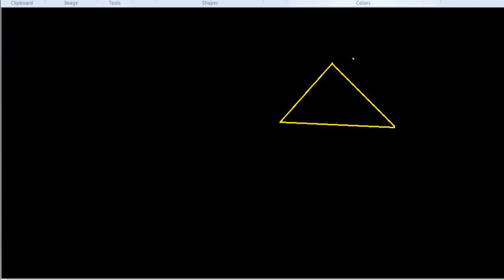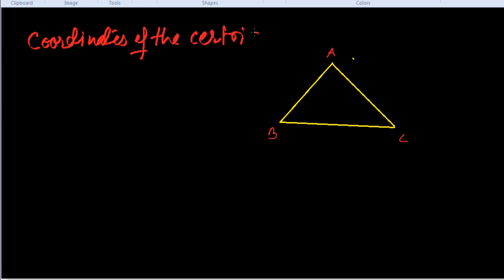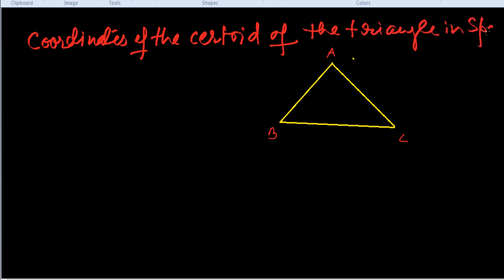We have to find out the coordinates of the centroid in space.